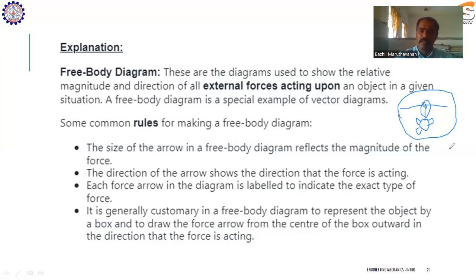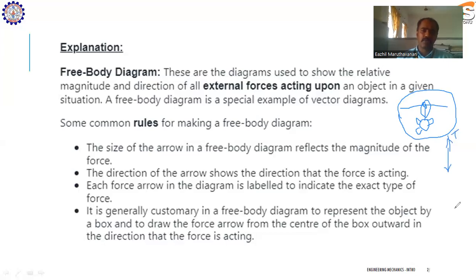So normally the weight of the fan needs to fall down, whereas the support reaction force or tension acts in the opposite direction of the weight, that is the object which is falling down.